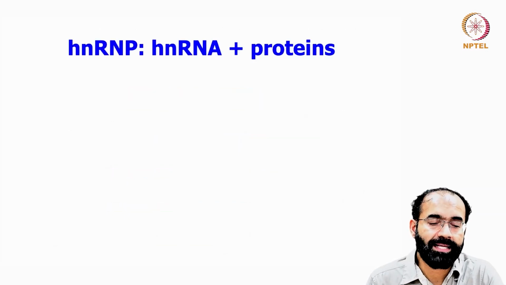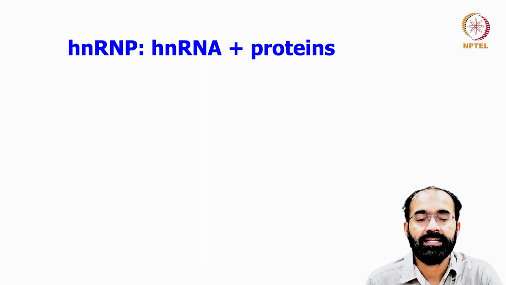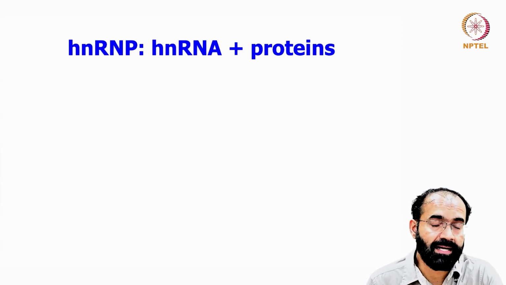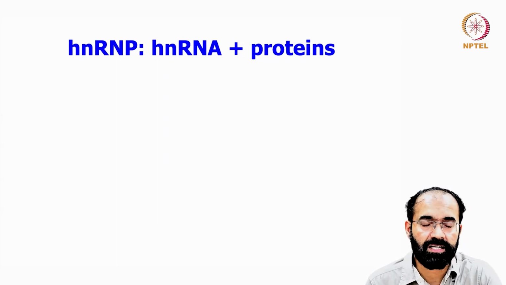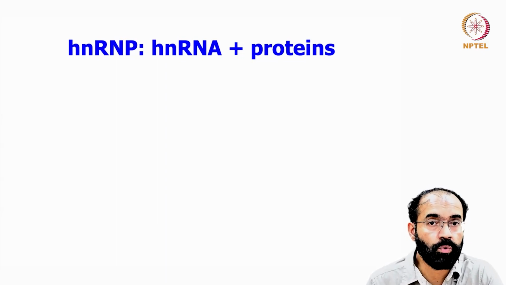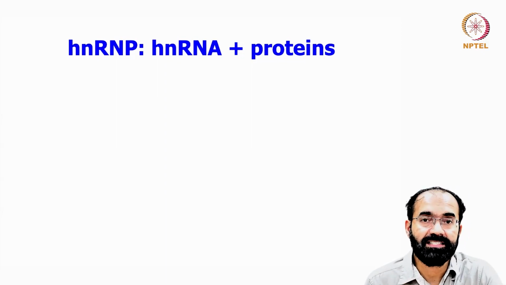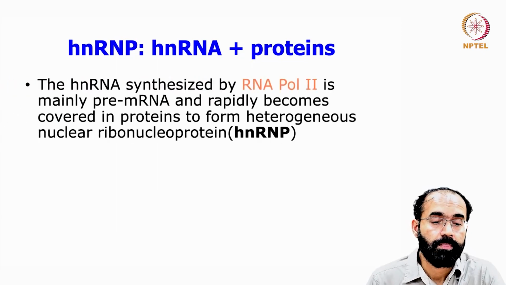Now let us quickly see what is hnRNP. hnRNA, we have already seen, the heterogeneous nuclear RNA is the pre-mRNA, which has got all the introns and other things; it is quite crude. And this bound with protein, we call it hnRNP.